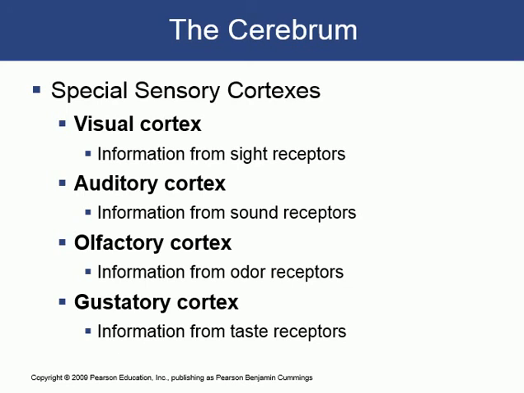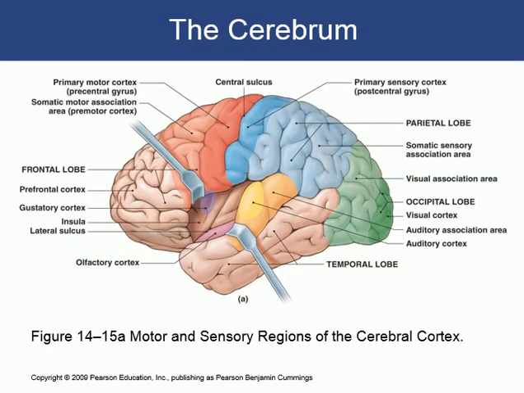Okay? So this is what contains the taste. Here is the occipital lobe that contains the visual cortex. The olfactory cortex is inside here at the insula, and so is the gustatory. So both olfaction and gustation, smelling and tasting, are located here. The visual is in the back, and the auditory is in the temporal lobe.